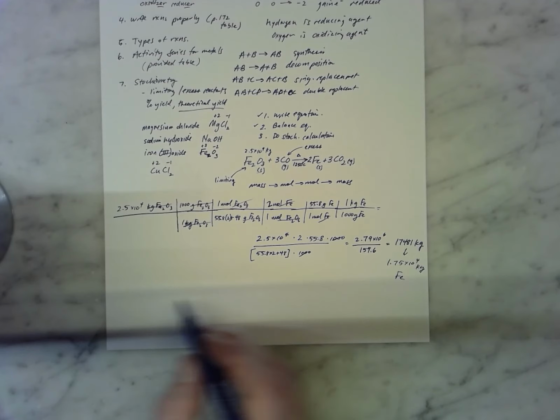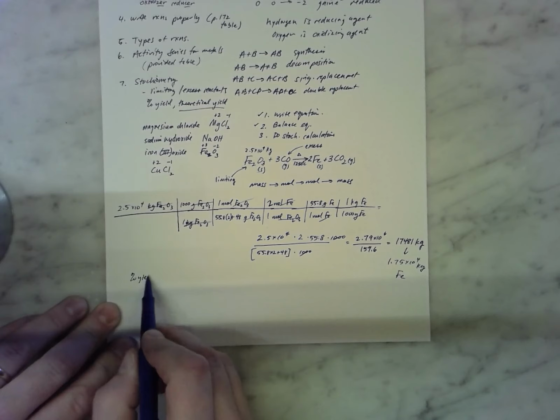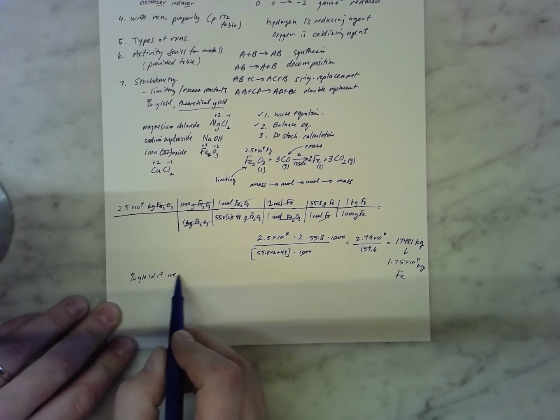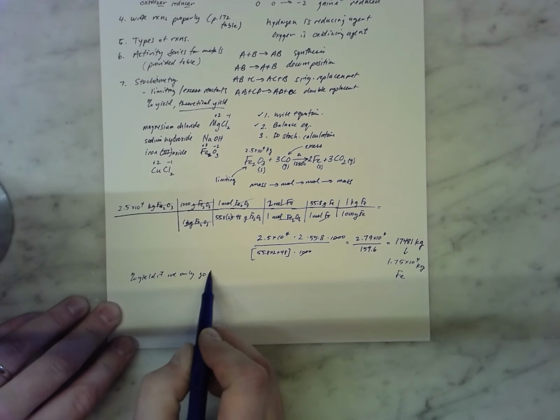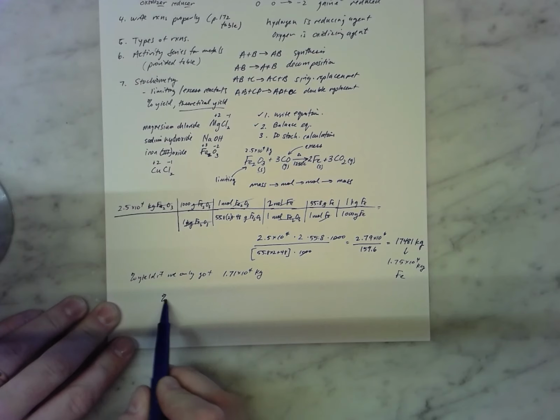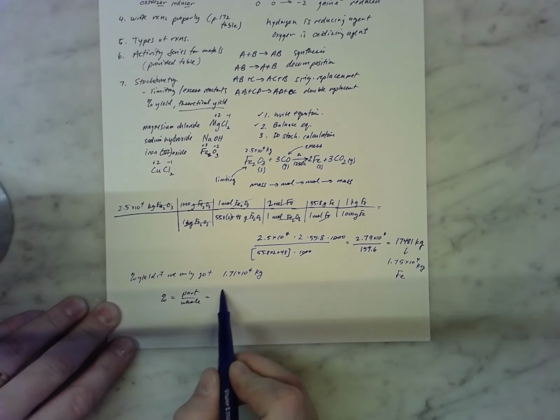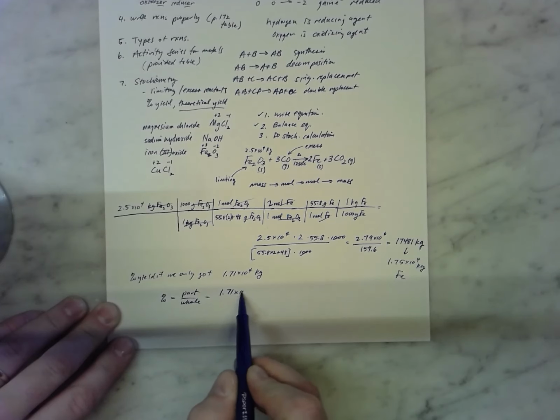Okay, so let's just take this one step further and say, what's our percent yield if we only got 1.71 times 10 to the 4th kilograms? Okay, well, percent is always the part of a whole. So what's our part? 1.71 times 10 to the 4th.